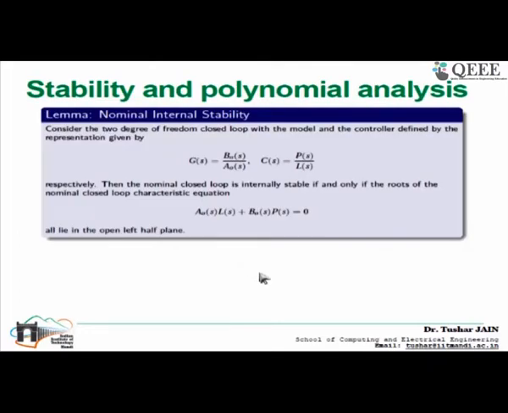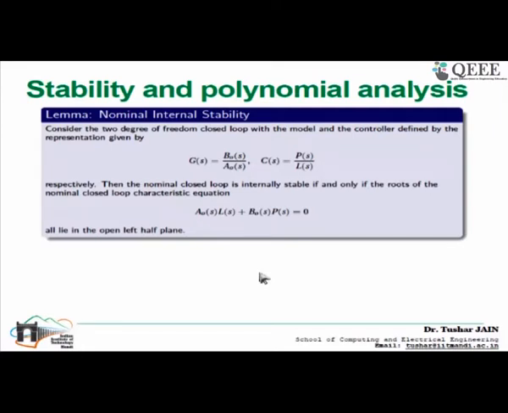Now here comes our lemma, which says the nominal internal stability. Consider any nominal closed loop, not necessarily the two degree of freedom. Consider the feedback closed loop with the model and the controller defined by the representations we have seen earlier, the GFS and the CFS.